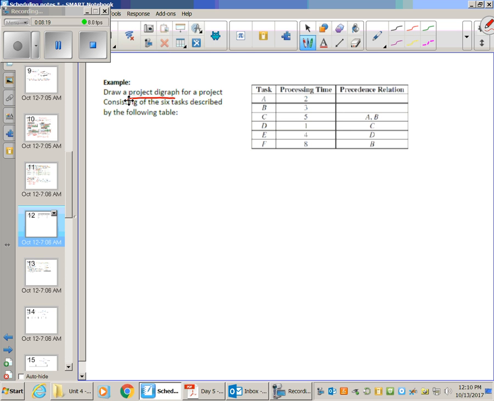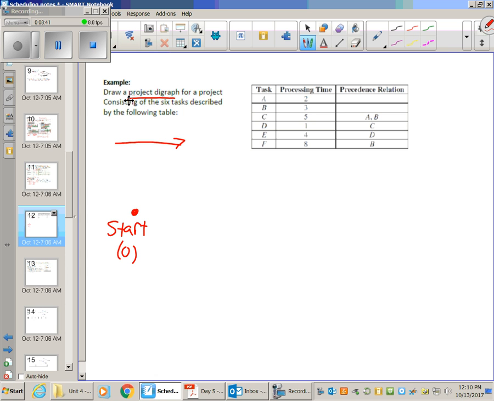I always do a project diagram left to right, okay? Everything's always going to be pointing that way. That's kind of how I like to do it. You always start it out with a start, okay, that has a processing time of 0. Whenever you're doing this project diagram, you got to have the letters and the processing time in parentheses.